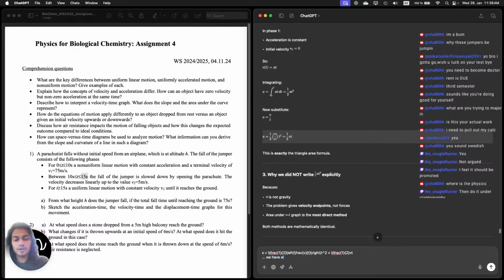We have already found the acceleration, considering the air resistance and so on, and found it to be 7.5 meters per second square. Why are we not using it?